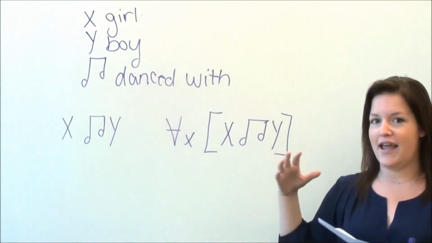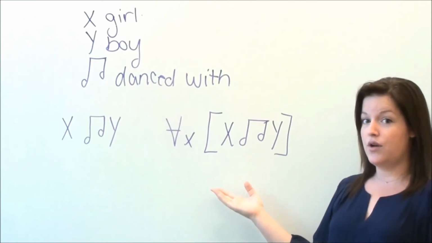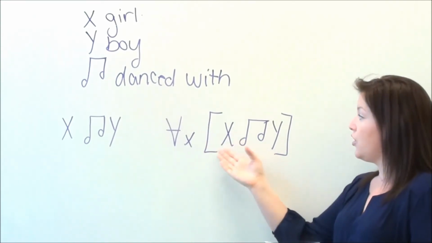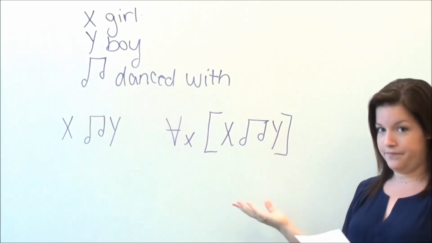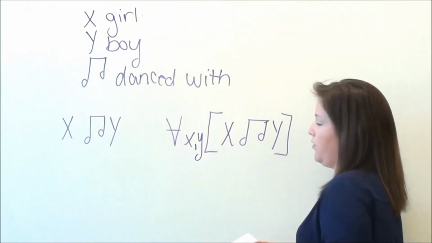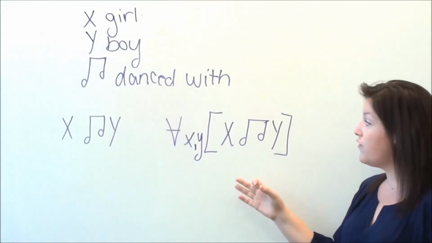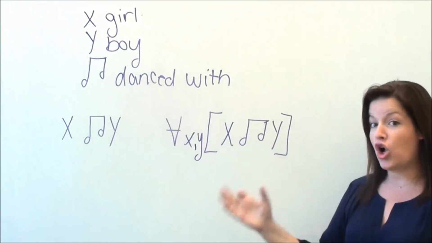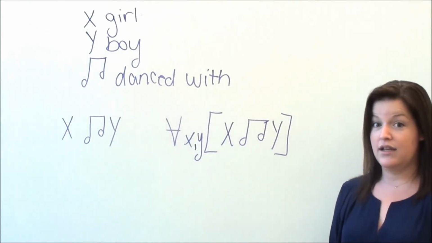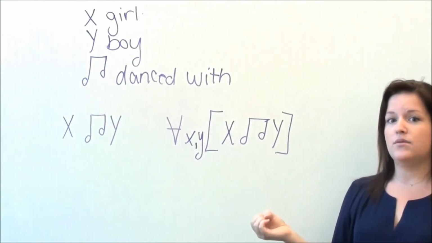But if, let's say, Harry really did dance with every single girl in the club, then this remains true. So for all of the girls danced with Harry. We can now add Y also being quantified, so now both our variables are bound, and this means that for all of the girls and all of the boys, all of the girls dance with all of the boys. Now that would be a very long night, but now both of these variables are bound to be all of each of the groups.